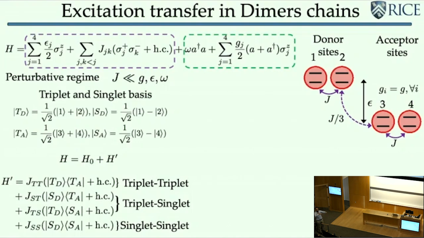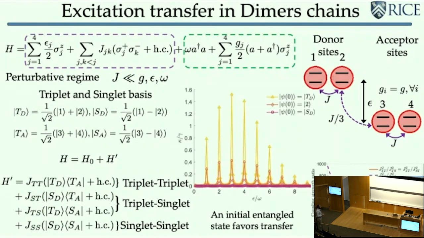And what is very interesting here is that if you write down this Hamiltonian, you have triplet and singlet that are almost diagonal, but then there is a coupling between these two dimers in a sense.